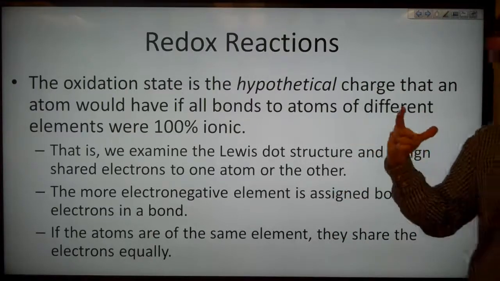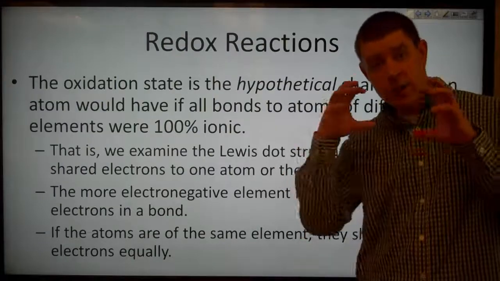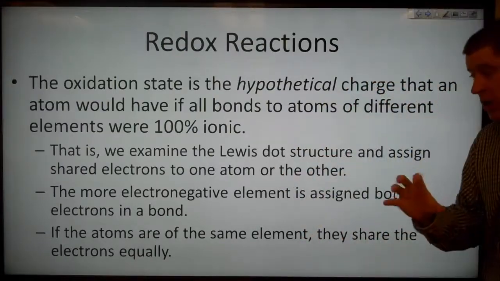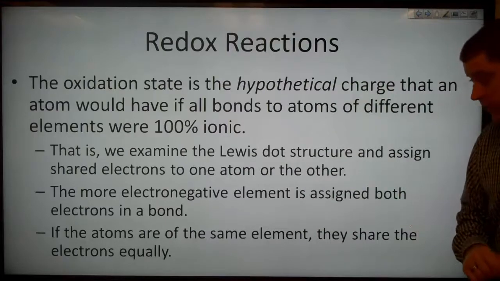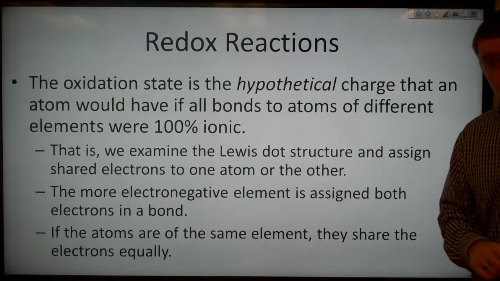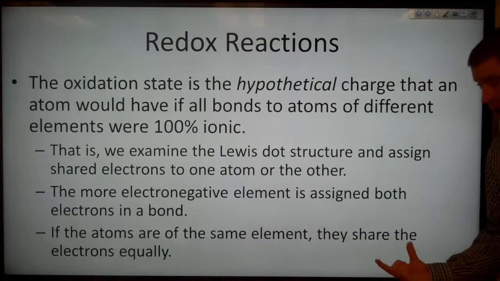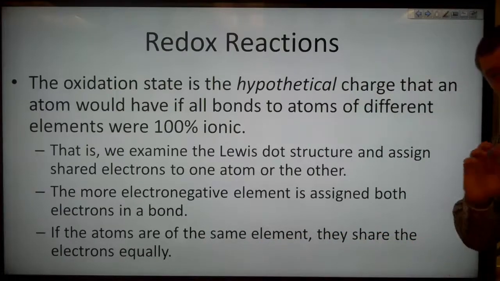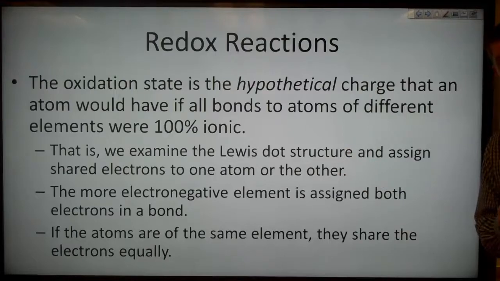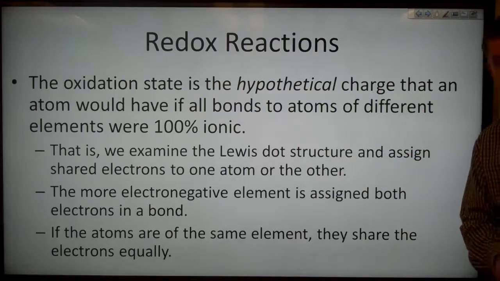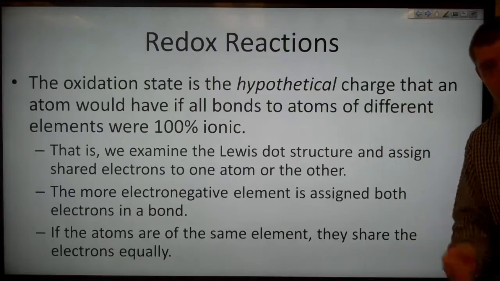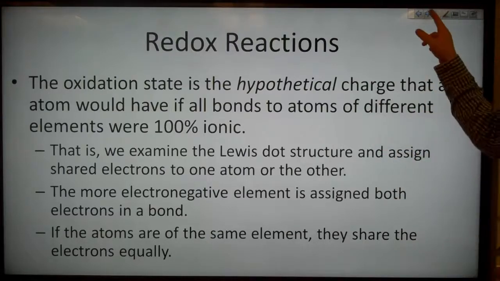If atoms were the same element, so if we have an oxygen atom bonded to another oxygen atom, then each element gets one of the two electrons. So if the atoms are of the same element, then they share the electrons equally. So one electron goes to one atom, the other electron goes to the other atom. In the case of, say, oxygen, where there's a double bond, each oxygen atom gets two electrons.